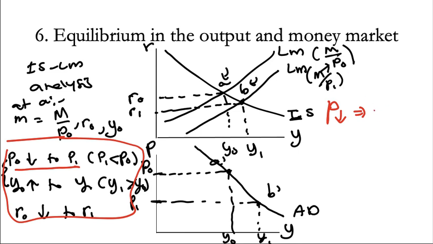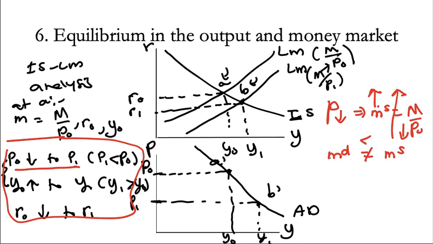In the money market, it affects money supply directly because real money supply is actually this, isn't it? So price falls down, the whole thing here goes up. That means real money supply increases. Because in equilibrium, money demand has to be equal to money supply, this one doesn't hold because this money supply is more than money demand, isn't it?